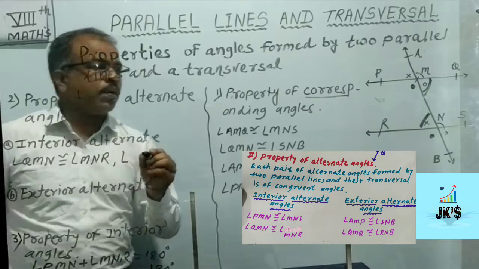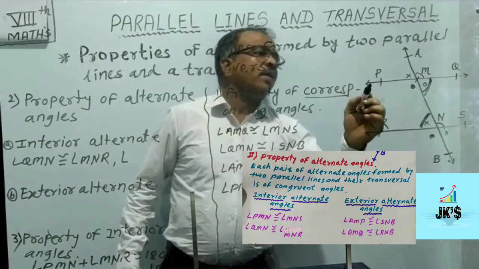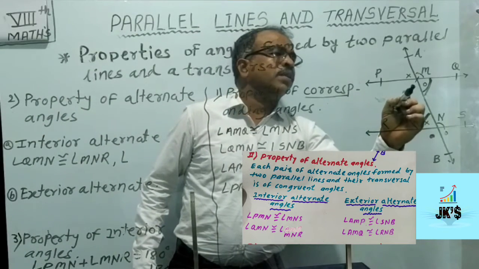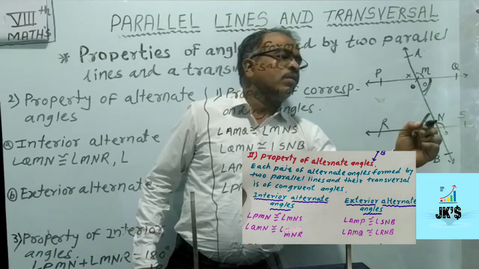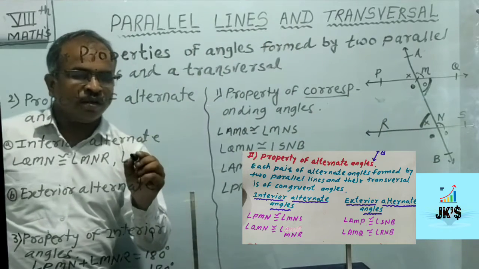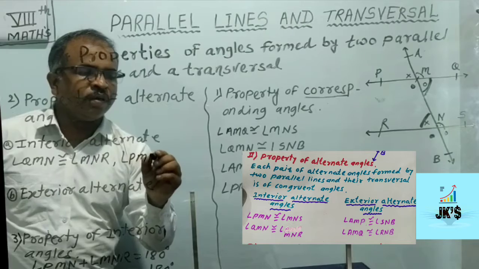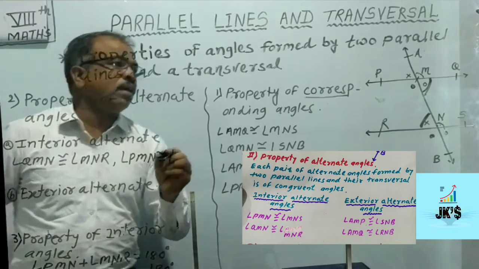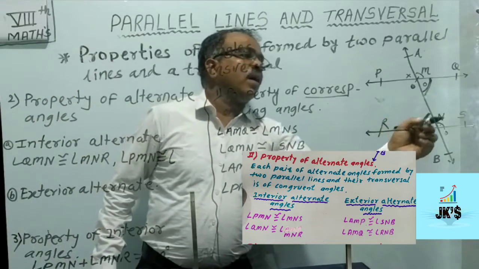Then the second pair of alternate angles is angle PMN, which is congruent with MNS.